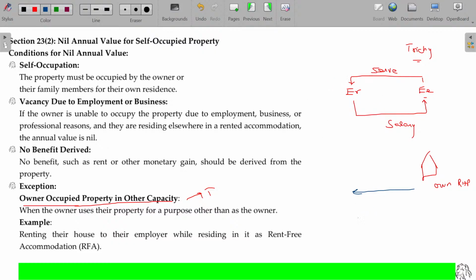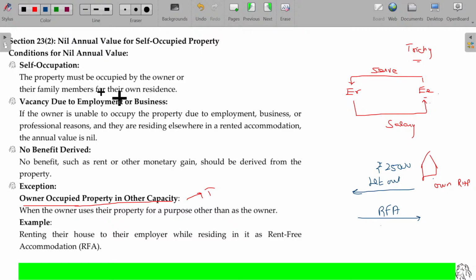And then the employer in return gives this as a rent-free accommodation to the same employee. So this house property of the employee is let out to the employer for a monthly rent of 25,000 rupees. And the same house property is now given to the employee to stay. He enjoys staying in his own property, getting the salary.